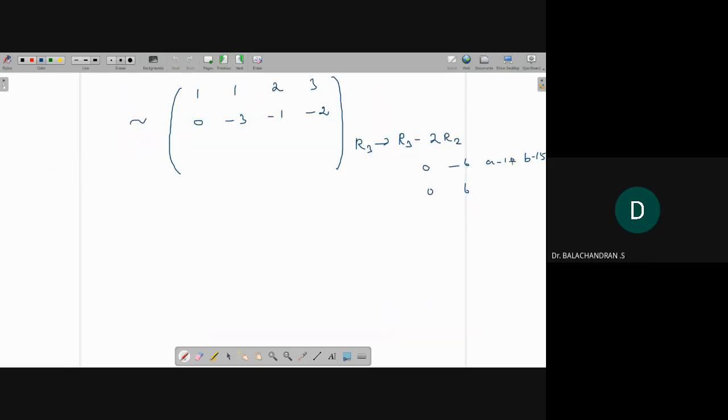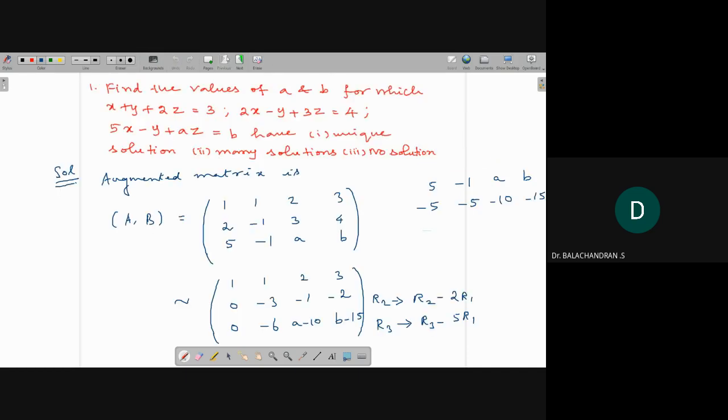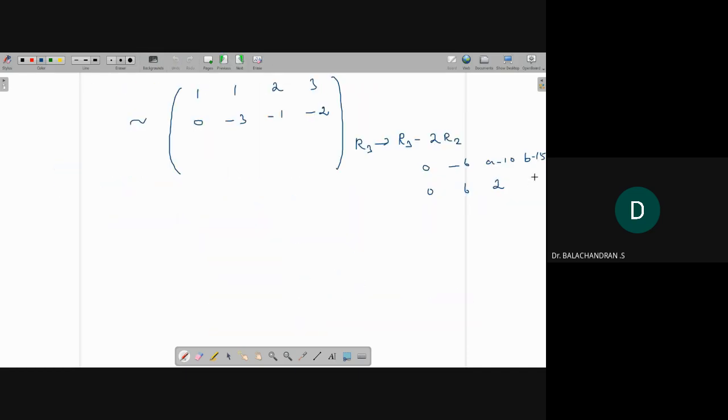Plus 2, plus 4. If you add these two you'll get 0, 0, a minus 8, and b minus 11. Okay, thank you.